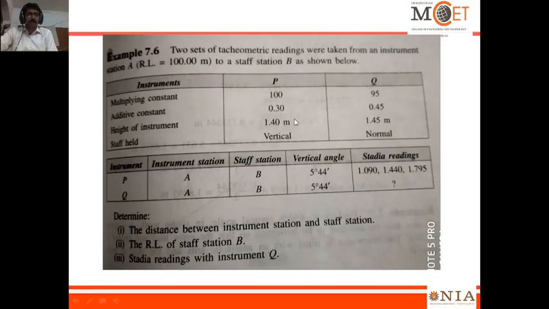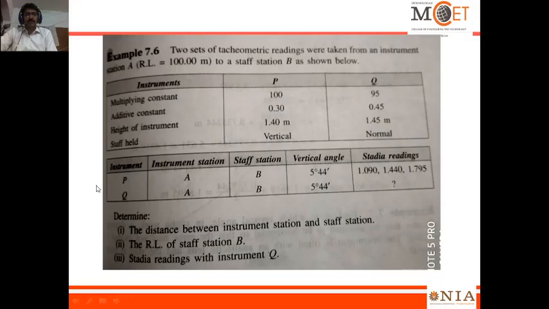The height of the instrument at both positions is 1.4 meter and 1.45 meter. From this position the staff is held vertical, and here it is normal.